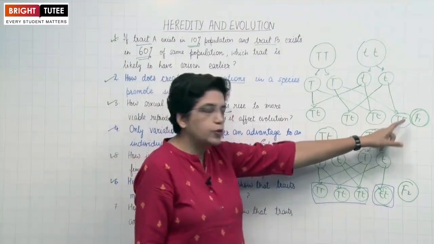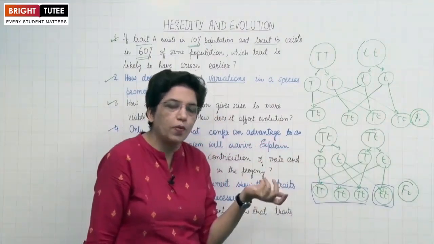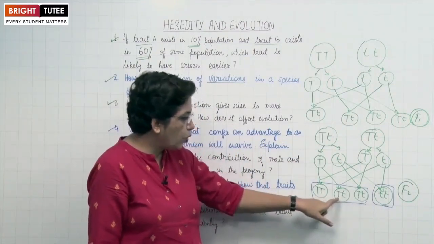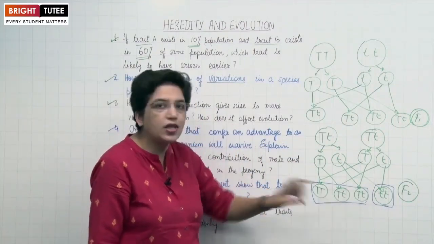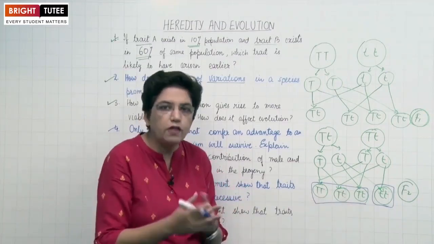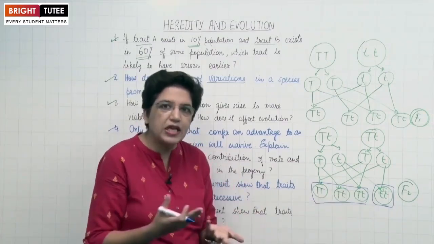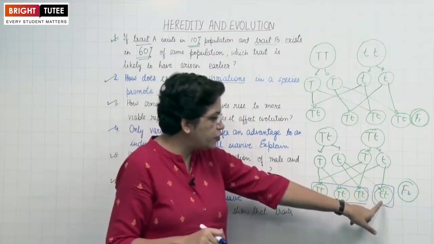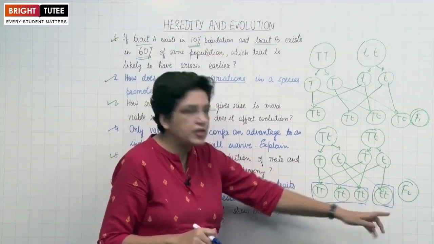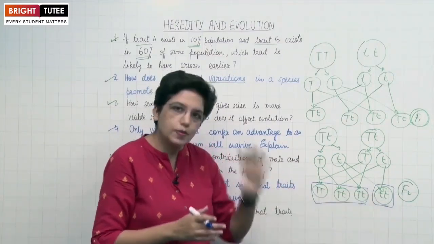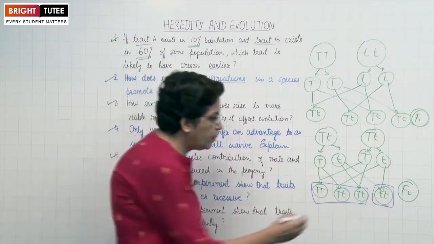Those which cannot express themselves in the presence of a dominant gene are called recessive genes. Although one is capital T and another is small t, this small t is not able to express itself, so we will not see these characteristics because they are recessive genes. Recessive genes are visible only in the presence of another similar recessive gene. In this case, both are small t, so the plant will be dwarf.